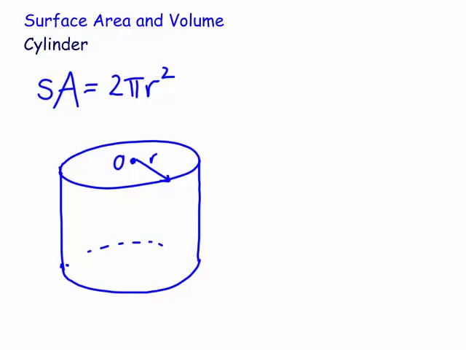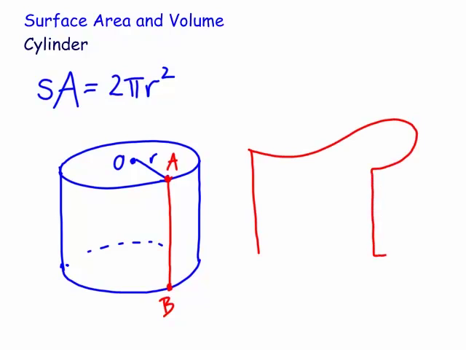Now, the next part is the unwrapping of the label, if you like to think of it like that. I'll slice it down along A and B, and we're going to unravel or unwrap it. It's like a label. It will be a rectangle.